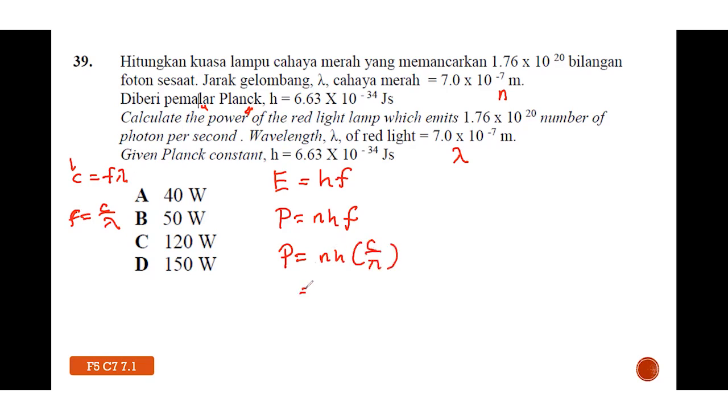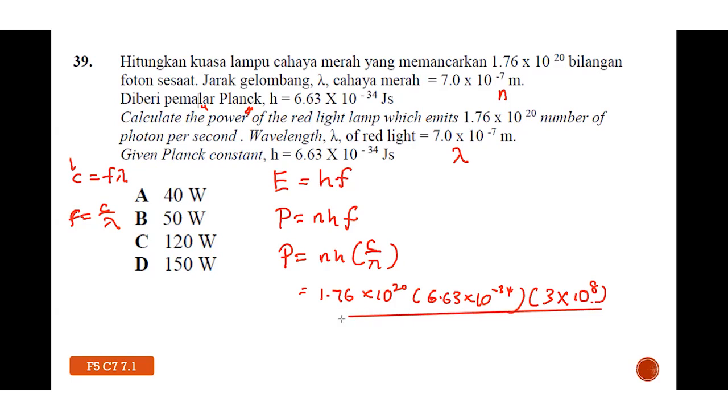Now you can substitute the values in. N is 1.76 times 10 power 20. The Planck constant is 6.63 times 10 power negative 34. And the speed of light, if they didn't give it in the question, you go to the formula list. Normally they will have it in the formula list because it's a constant value.